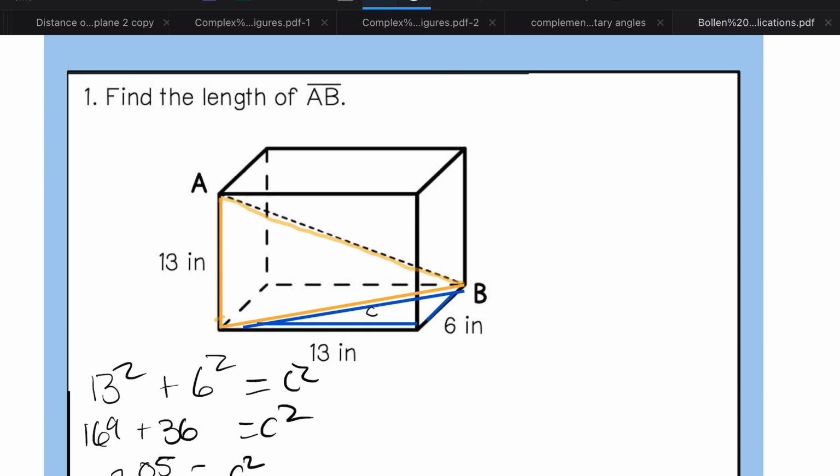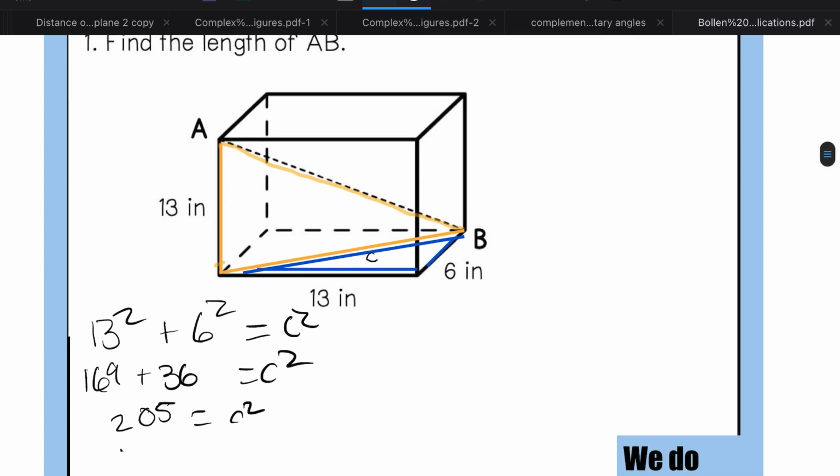The square root of 205 is equal to C. So C is equal to 14.3. And I find that by hitting the square root symbol on my calculator.